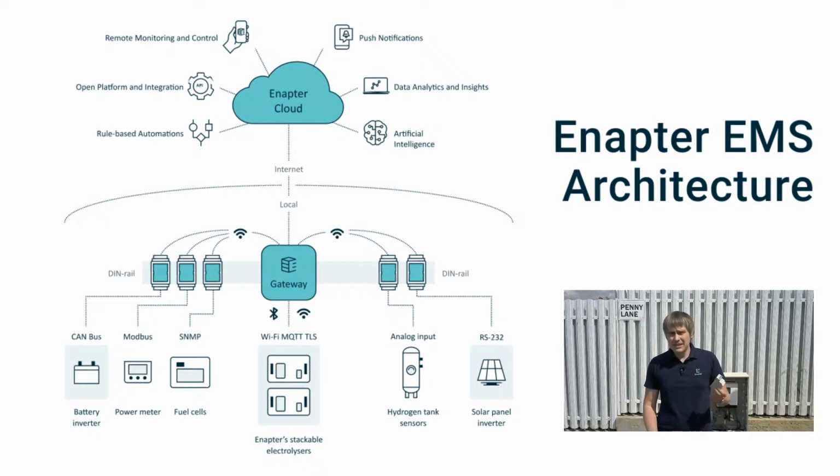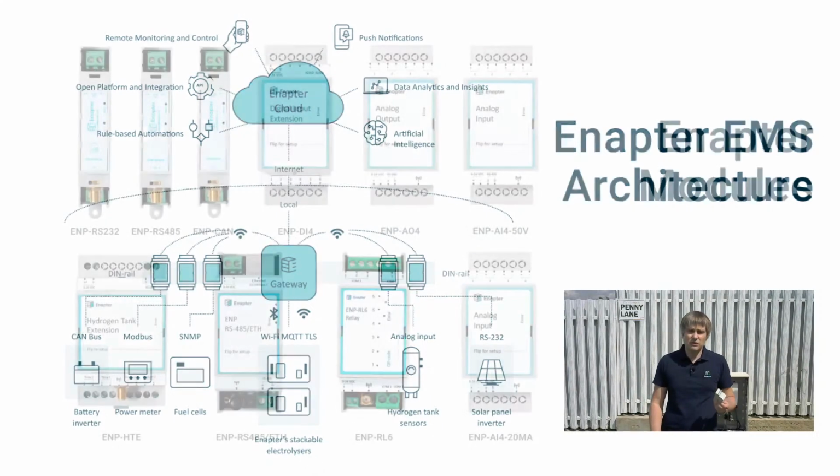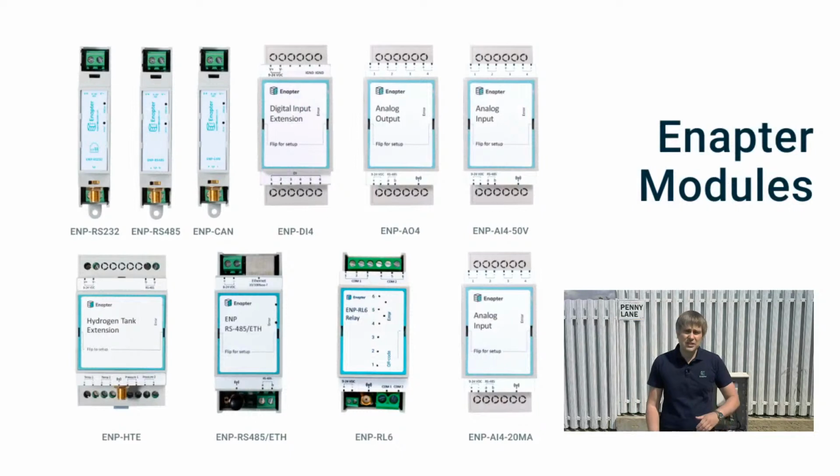As you may see, we have a wide range of these modules which supports different protocols. Analog and digital inputs, analog outputs, relays, Modbus, RS485, RS232, Ethernet, HTTP, CAN, SNMP. Any protocol can be supported.